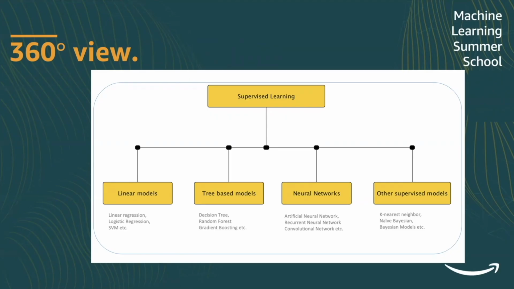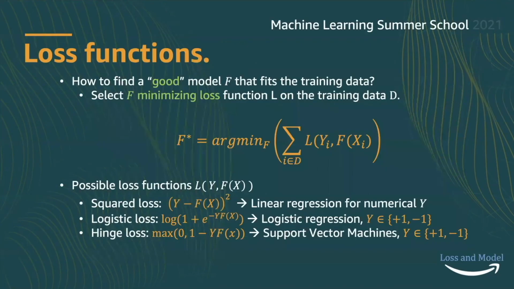Subsequently, others will cover tree-based models, neural networks, and other models like Bayesian and heuristics and so on. So what are the parts of this supervised learning model?